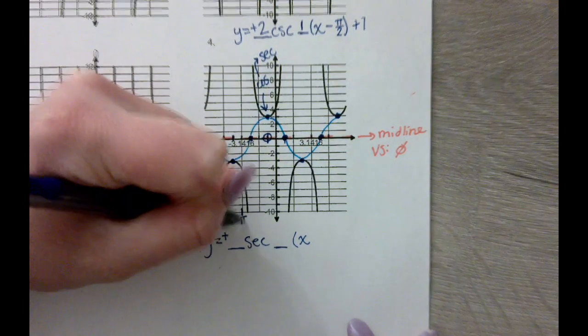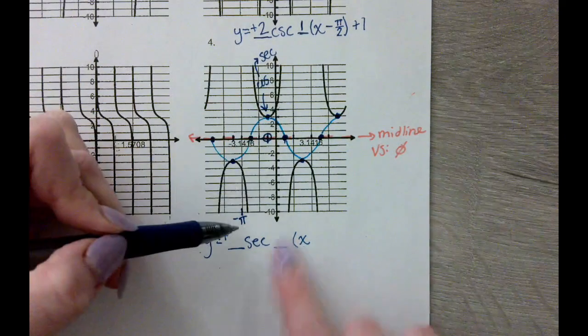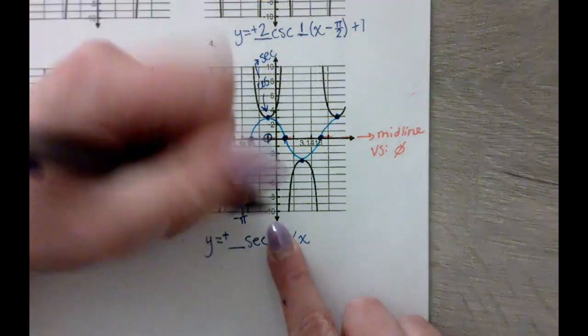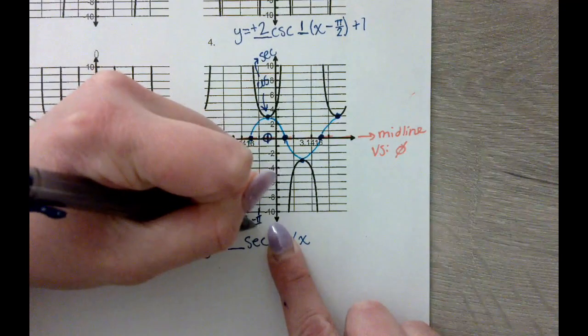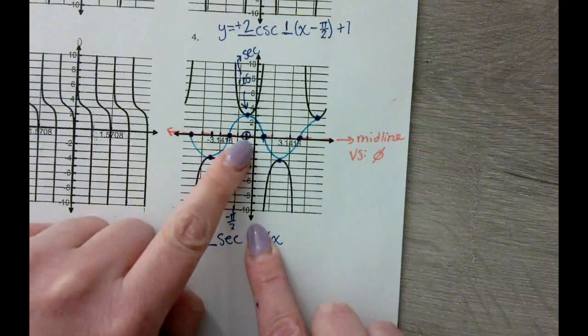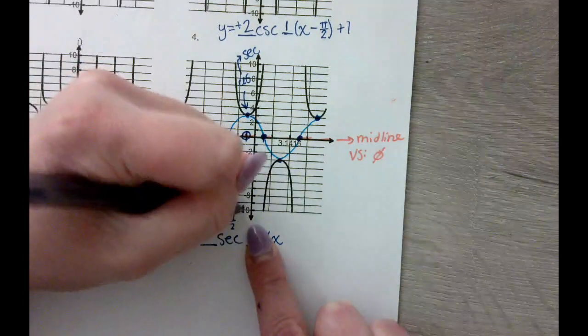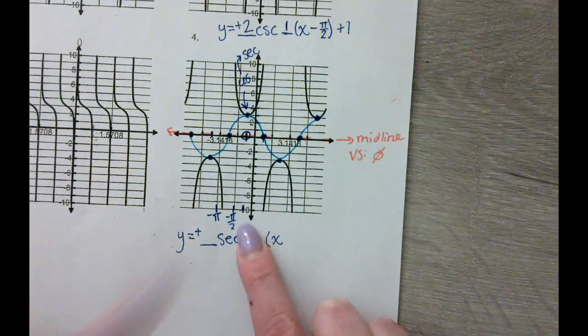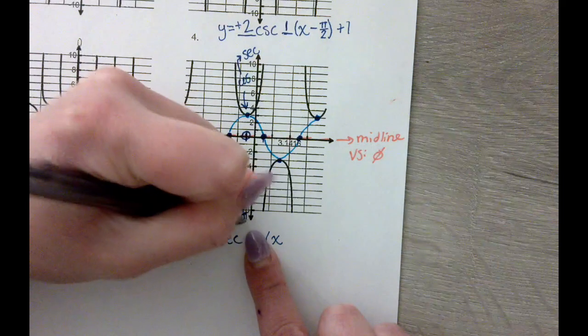This is negative pi. This is 0, so this is negative pi over 2. It's halfway in between 0 and negative pi. Now I need the value that's halfway between 0 and negative pi over 2. That is going to be negative pi over 4.